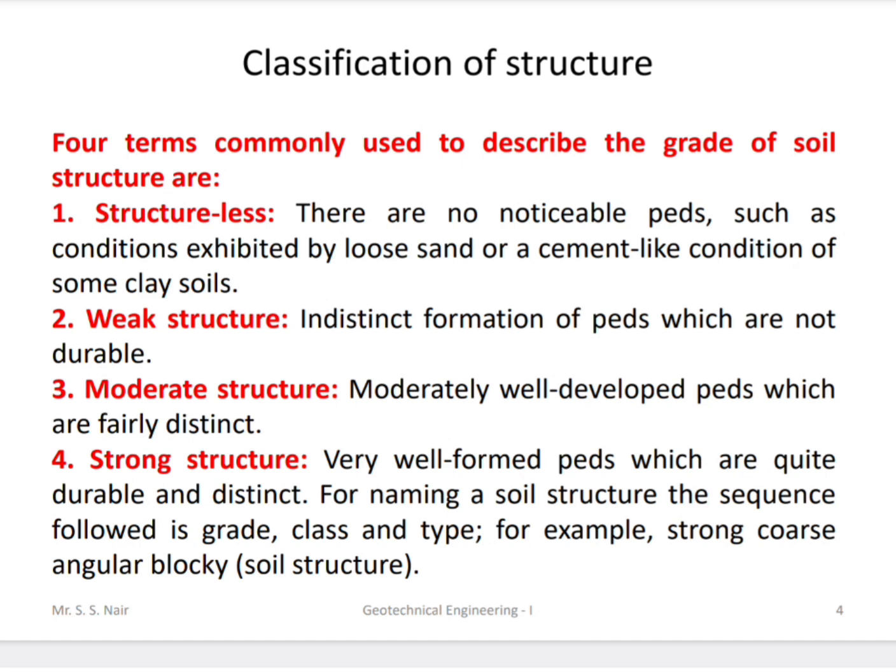Weak structure: indistinct formation of peds which are not durable. Moderate structure: well developed peds which are fairly distinct. Strong structure: very well formed peds which are quite durable and distinct.